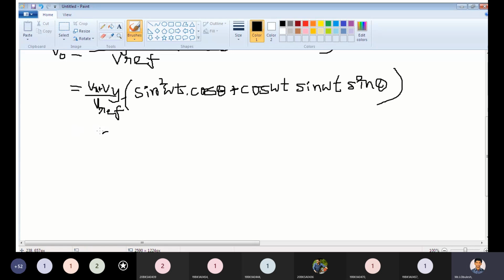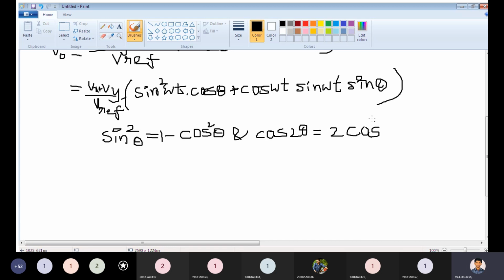Based on that you need to simplify the above expression, sin square theta in terms of cos.